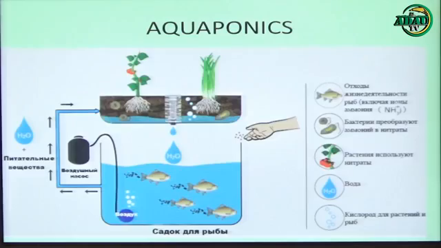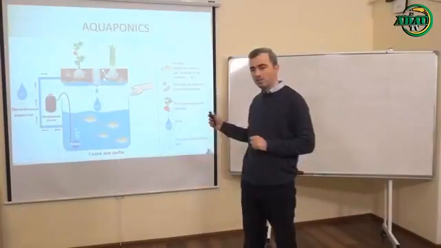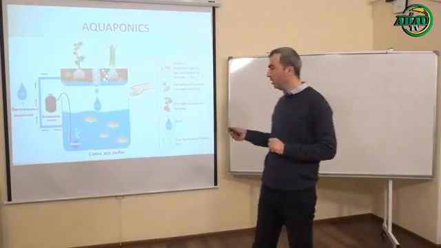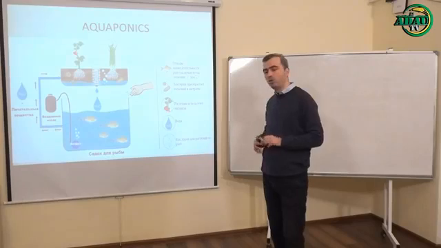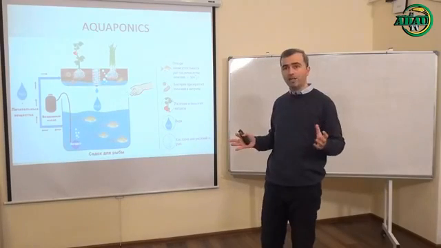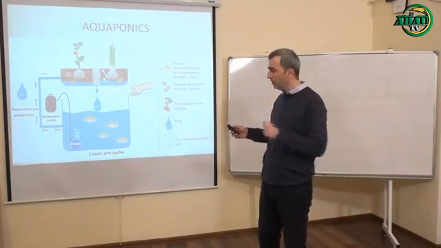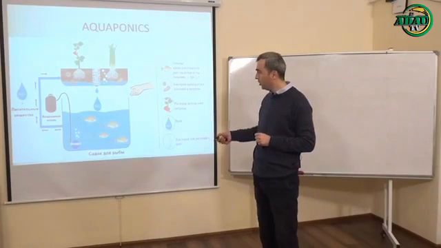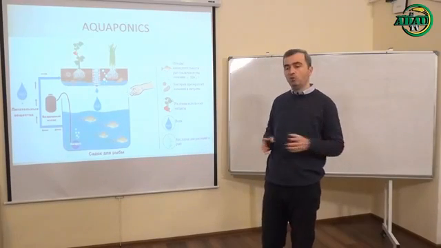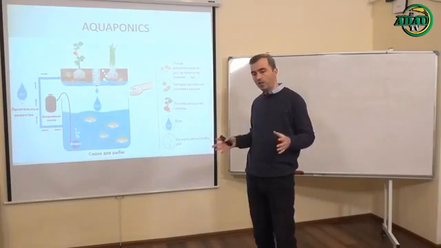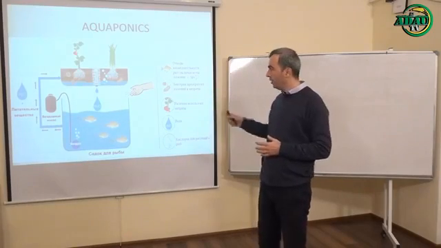The next one is aquaponics, where I have also been working. Aquaponics is a more organic way of growing plants, where you have fish in the system, and you are not using any fertilizers to feed the plants.